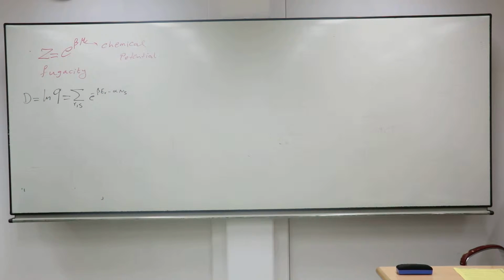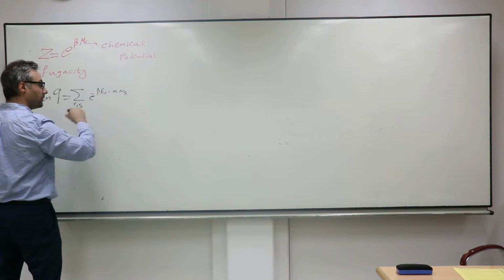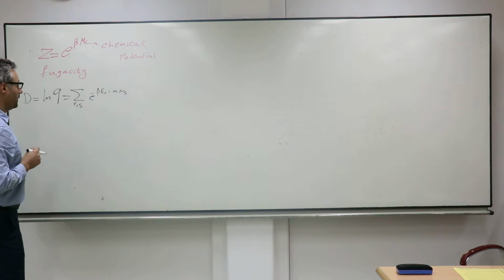We talked about what alpha and beta are. This E_r will be the total energy, and N_s will be the number of particles for the given state.